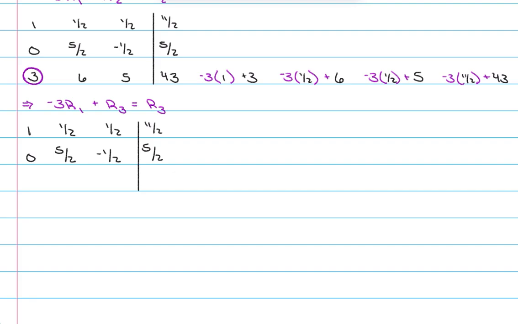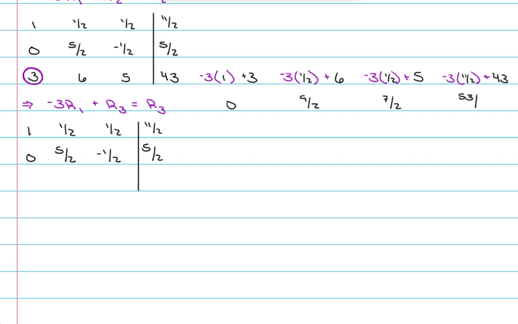Okay, so to do my math on the other ones, negative 3 times 1 plus 3 is 0. Negative 3 times 1/2 plus 6 is 9 halves. Negative 3 times 1/2 plus 5 is 7 halves. And negative 3 times 11 halves plus 43 is 53 halves.